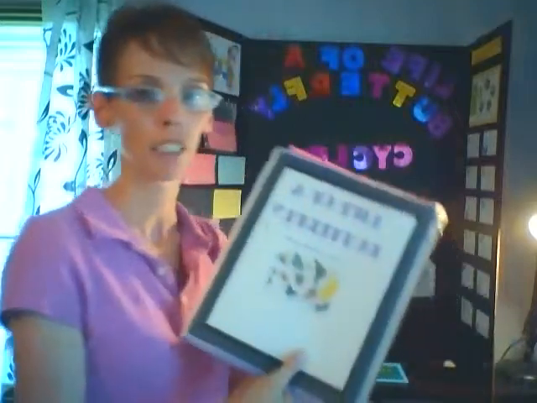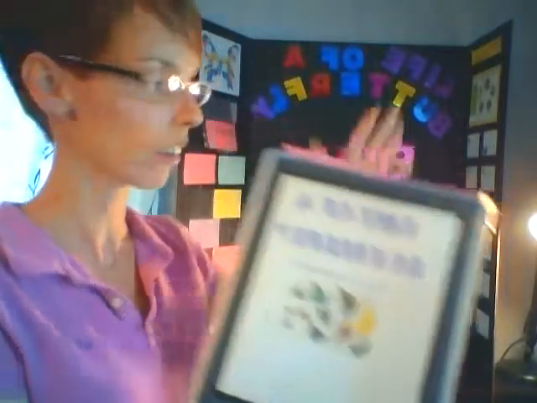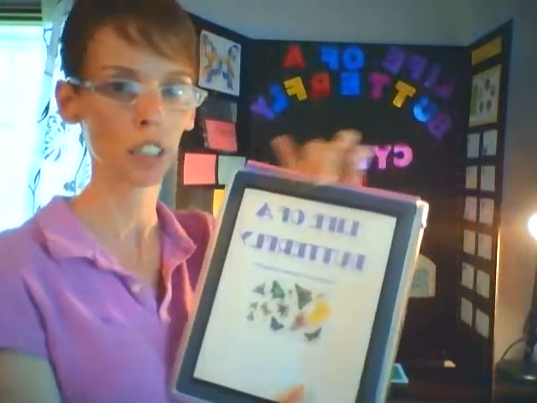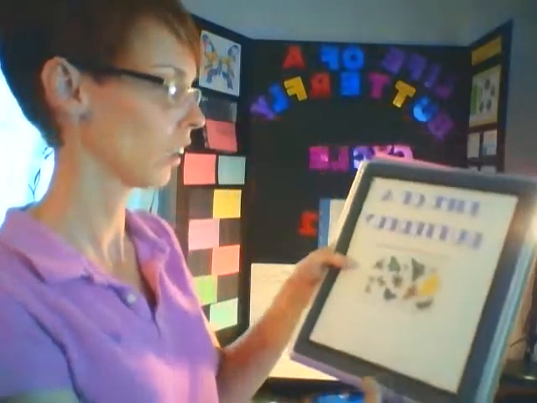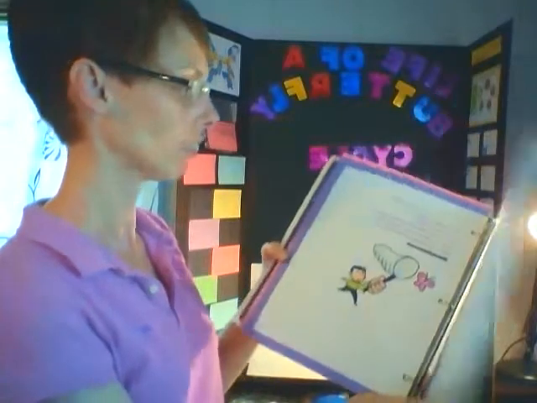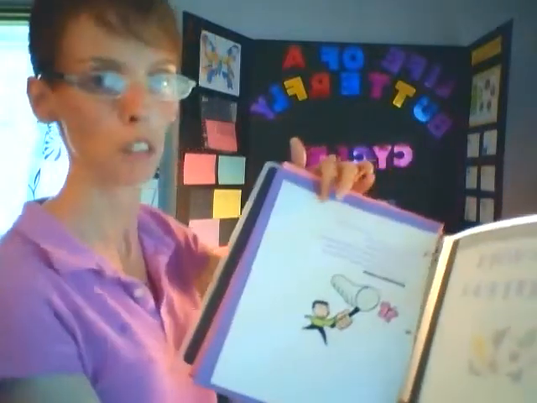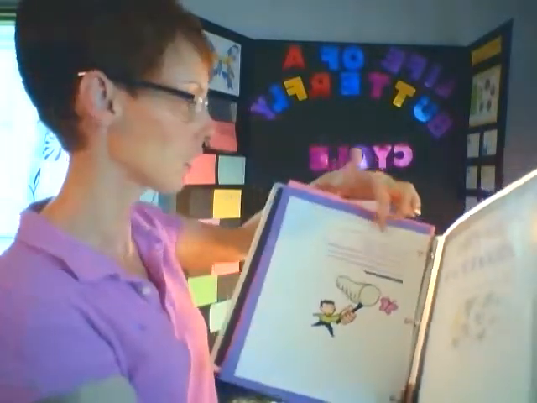This is my binder. It has all the information of this unit, the life of a butterfly. I have a table of contents which lists everything that is in here.